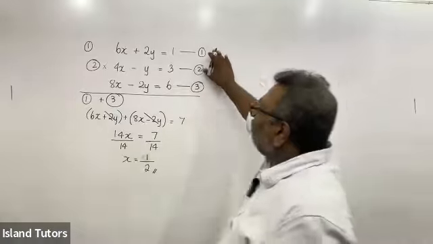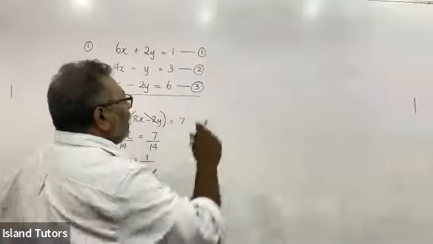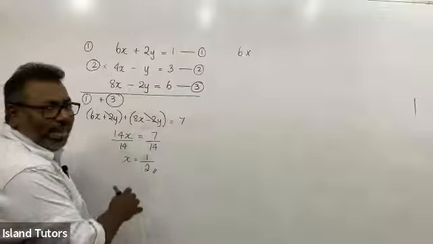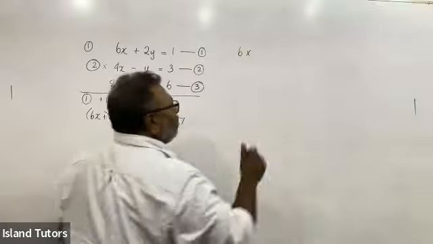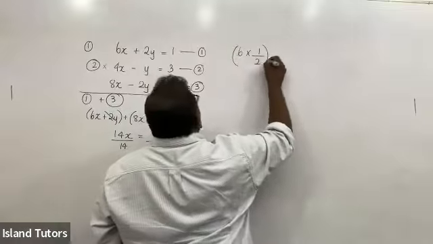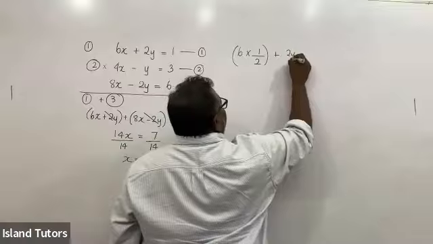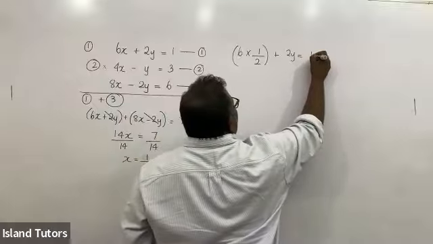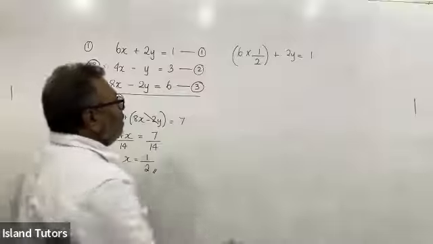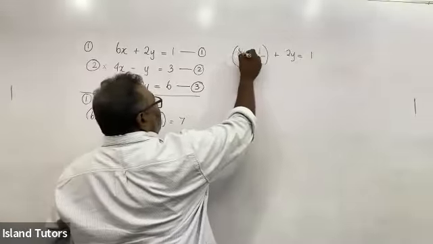Right, so we'll put it into the first equation. So 6 multiplied by X, which is half, plus 2y is equal to 1. Okay, simplify. This 2 and this 6 will cancel.